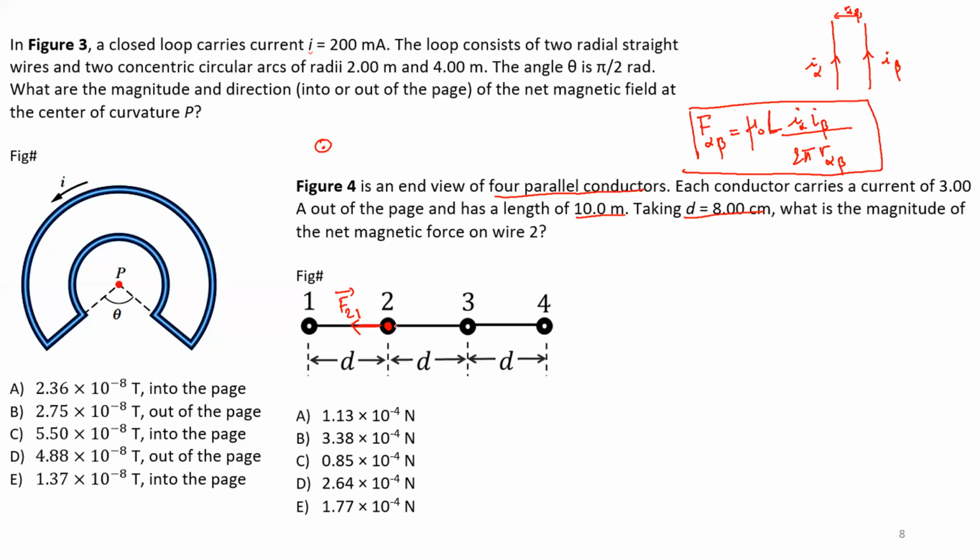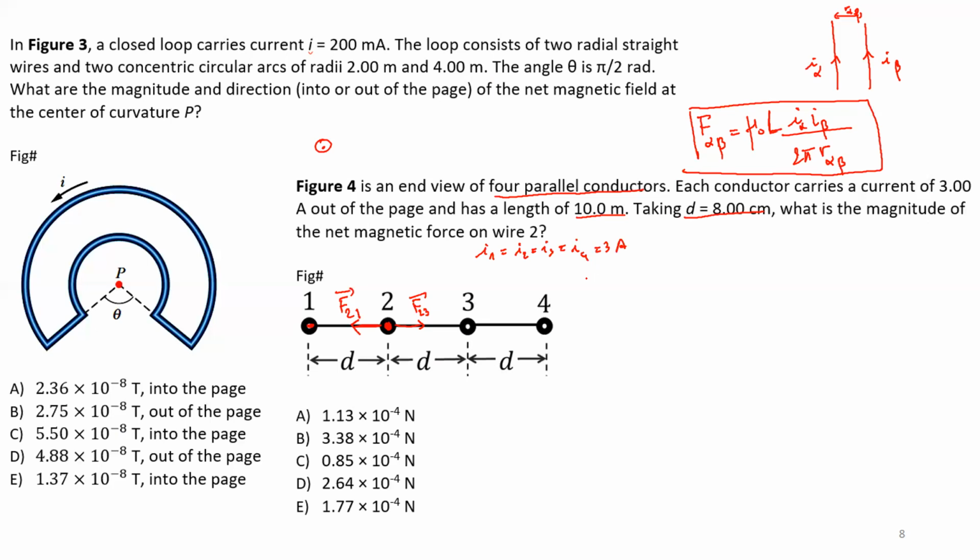Now on 2, what's the other force? Of course, there is an attractive force from 3, so there is also F on 2 by 3. But these 2 forces will be equal and opposite to each other because the current is the same and the distance is the same. Let's say I1 is equal to I2 is equal to I3 is equal to I4, which is 3 amps.